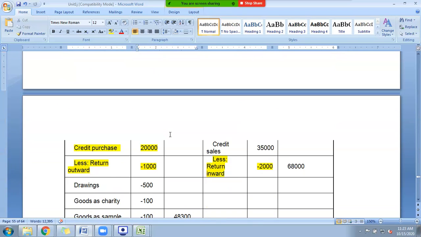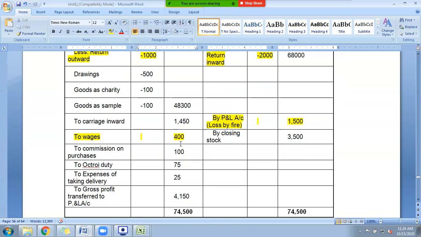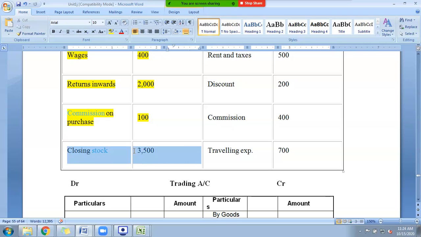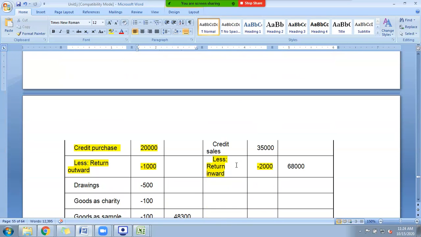Commission on purchase. How much? 100 rupees. Commission on purchase 100 rupees. It is like a middleman commission. So we need to deduct it. So we are putting it on the debit side. Closing stock. Correct? Credit side.